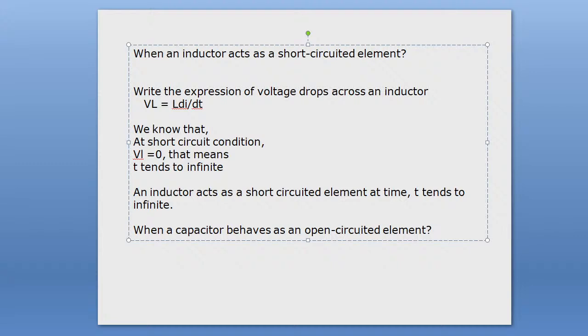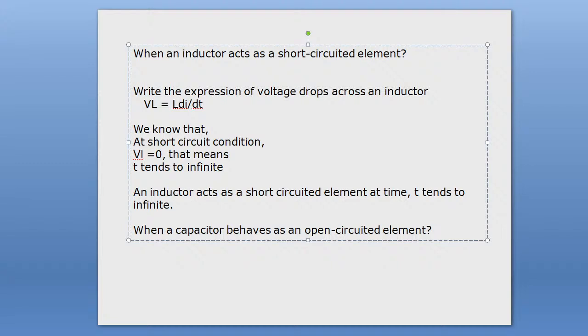Okay, so at which condition will the current be 0? Current will be 0 when t tends to, tell me anyone.